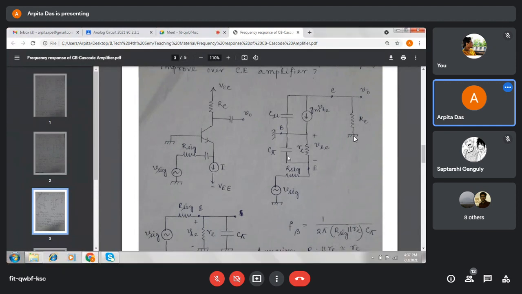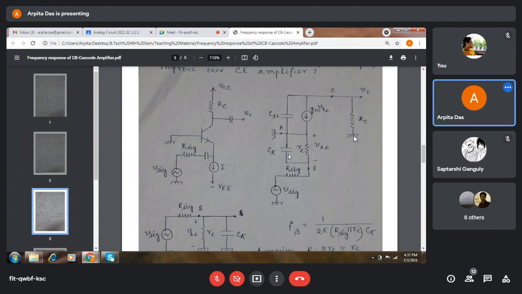It is shown here in the figure. The C pi capacitance will appear in between base and emitter terminal due to the forward biasing of the base and emitter terminal. And this C mu capacitance, the junction capacitance, will appear in between base and collector terminal as before in the case of the CE amplifier. And this is symbolized as C mu. So these are two capacitive effects that will additionally appear in the circuit.